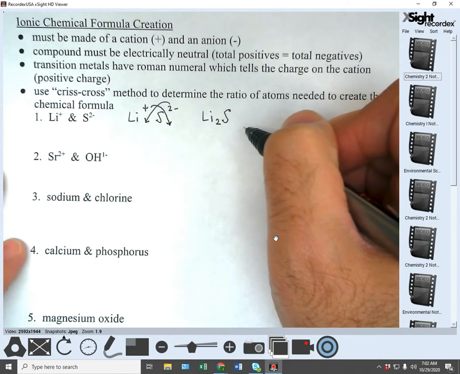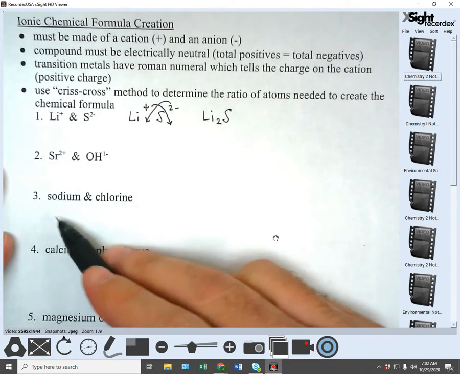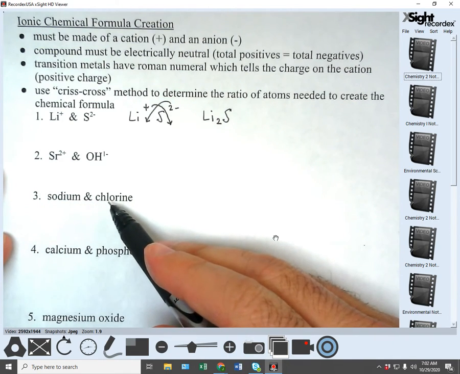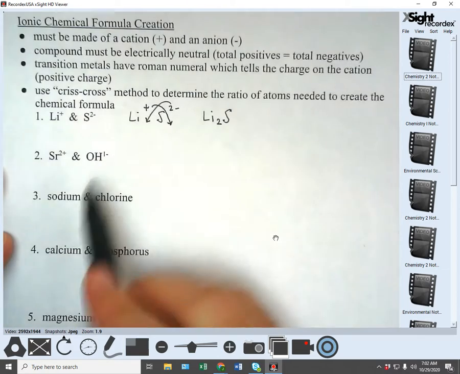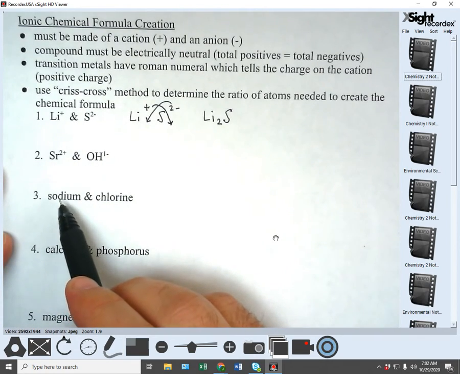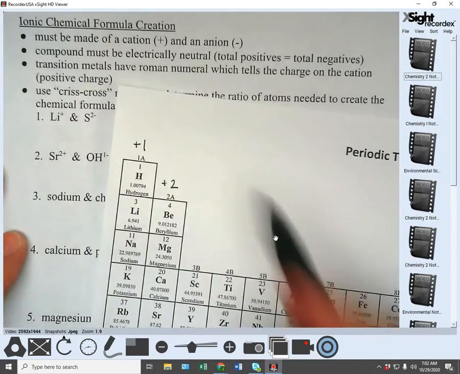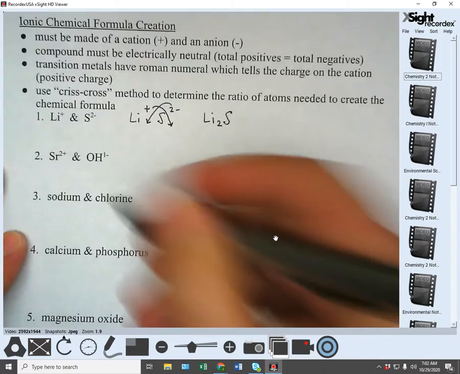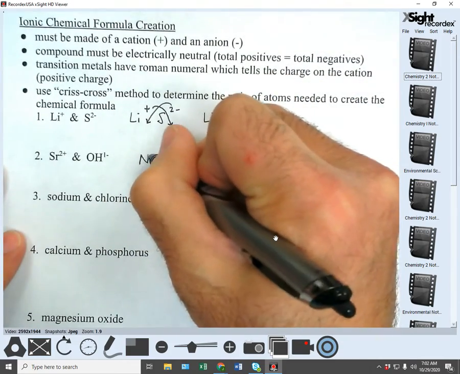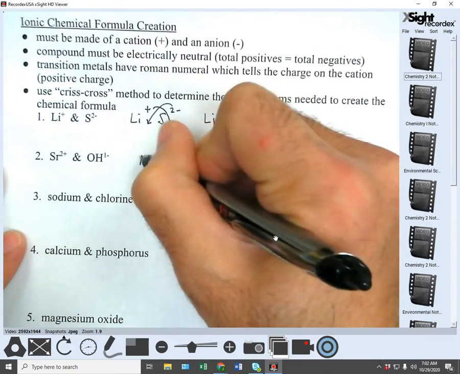Okay. If they give you the names like this, okay, so sodium, the cation, you look up sodium, sodium is a +1. So you'd write Na, oh, shoot, sorry, wrong spot.